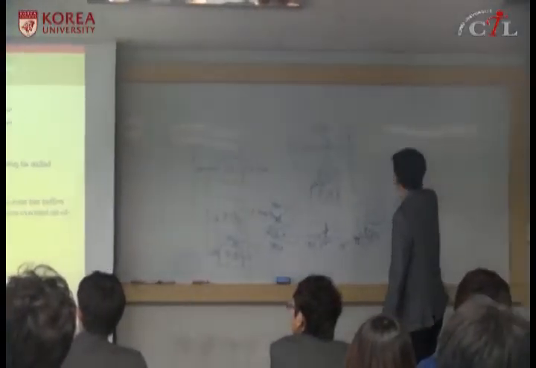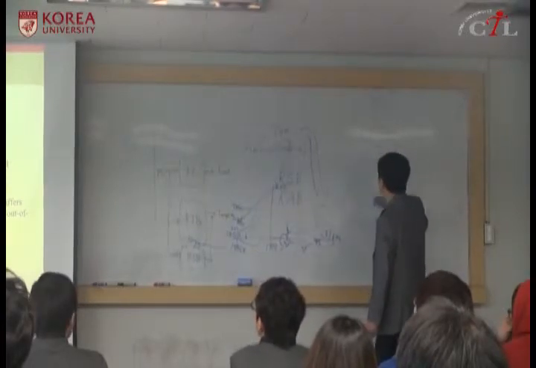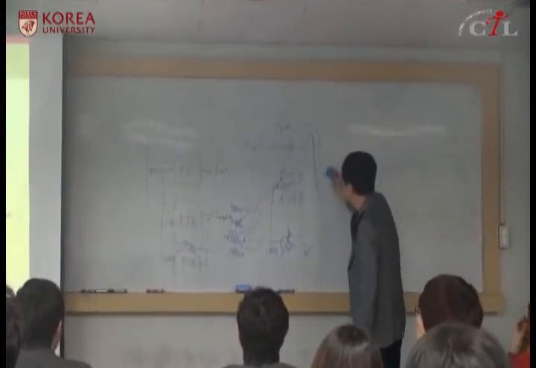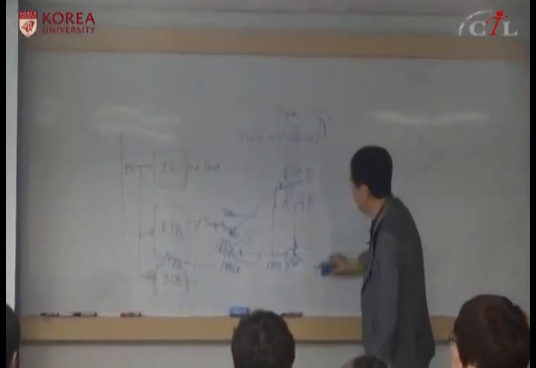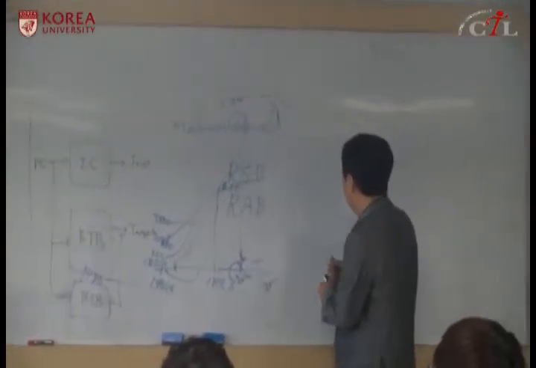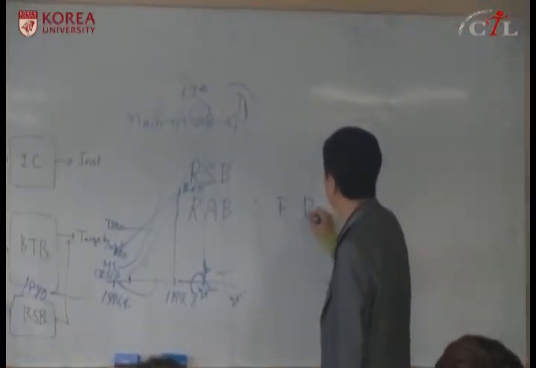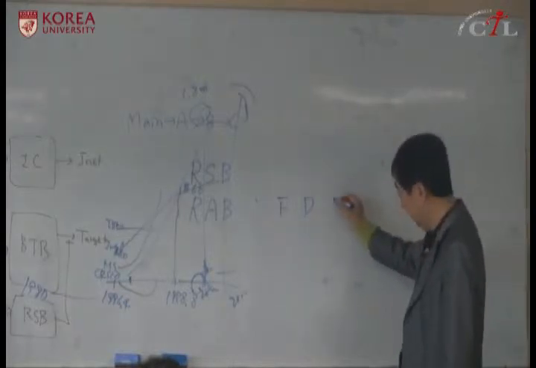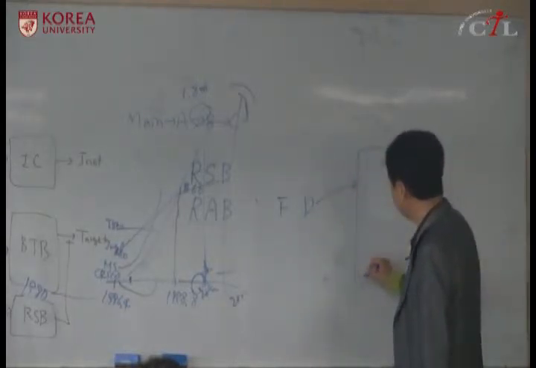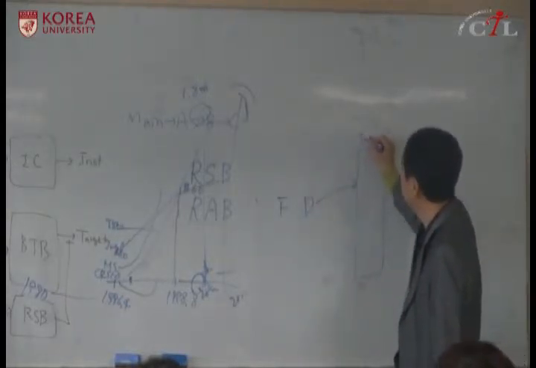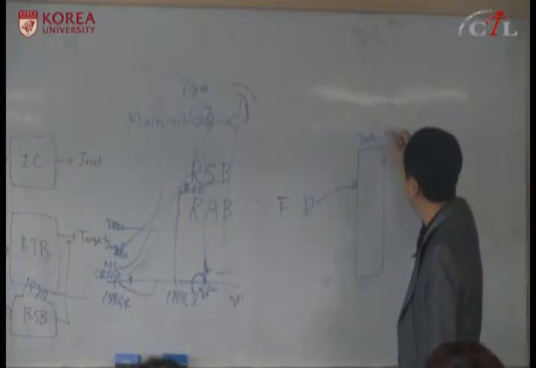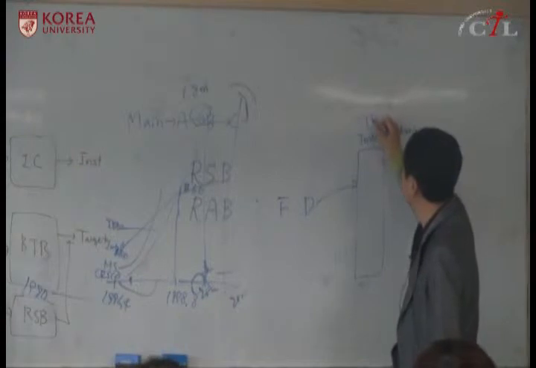So out of order pipeline, I'll give you a simple introduction of out of order pipeline. So after fetch and decode, instead of the read stage, you send to the instruction window, which is also called reservation station.